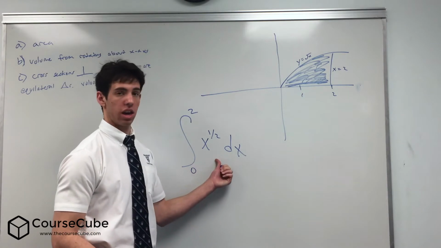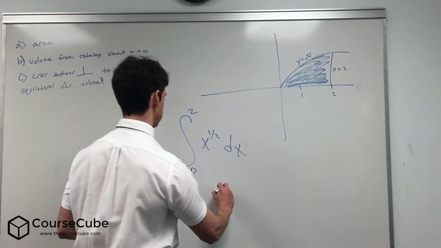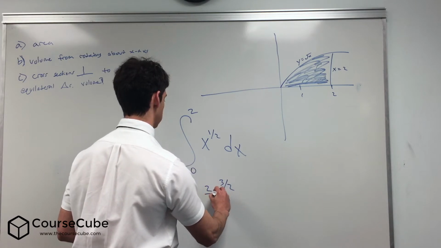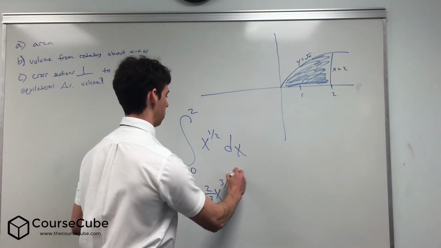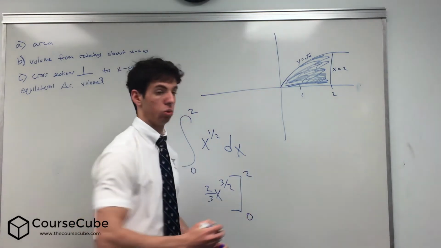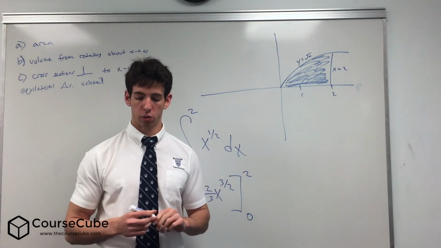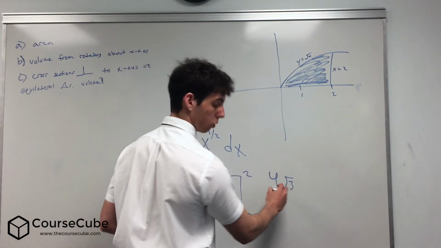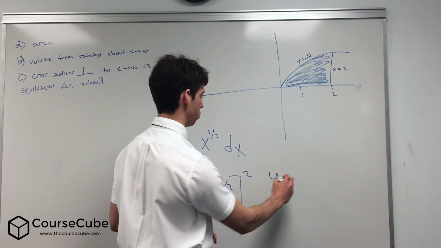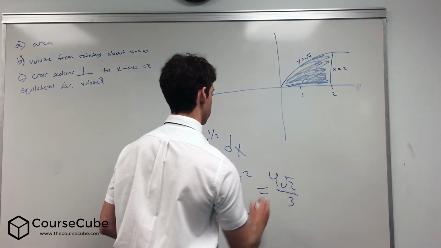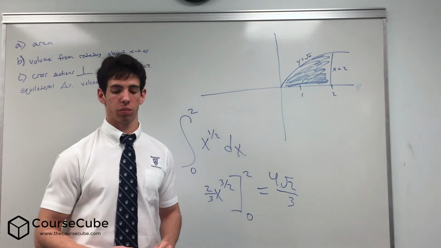The antiderivative of x to the 1/2 is x to the 3/2 times 2/3, and we're evaluating this from 0 to 2. From this we get 4 root 2 over 3, and that is our area.